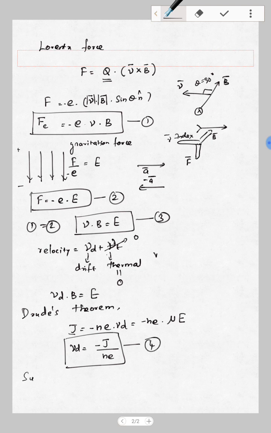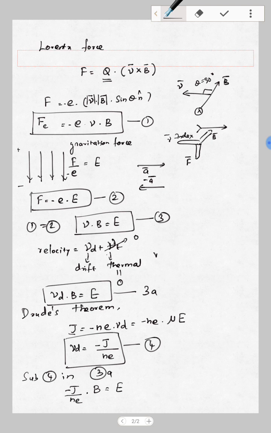I can number this equation as 4. So substitute 4 in the third equation. It's nothing but this equation, both are similar, so I can write this as 3a. So substitute 4 in 3a. Here I will get minus J over Ne, and the magnetic field is nothing but the electric field.